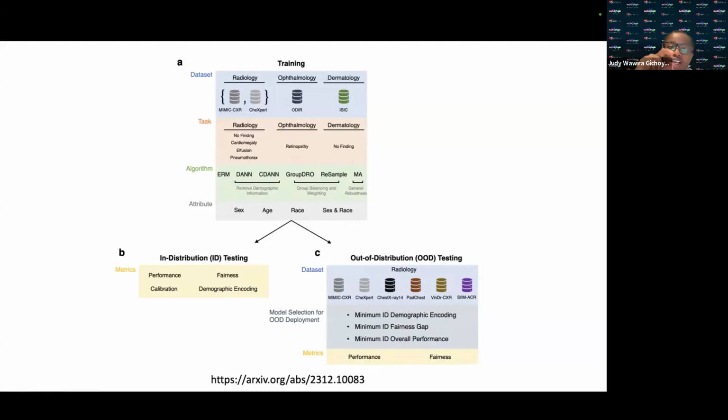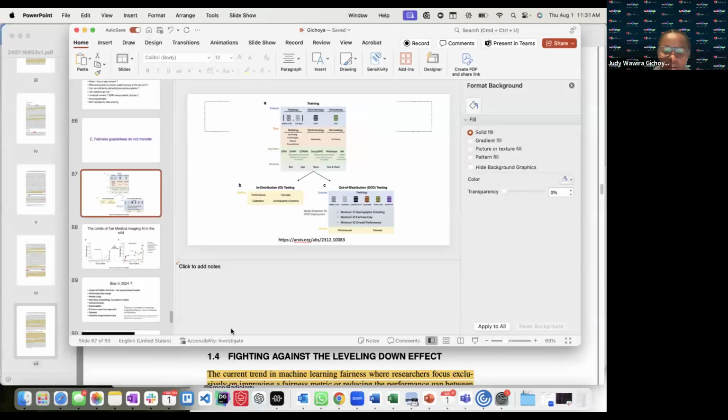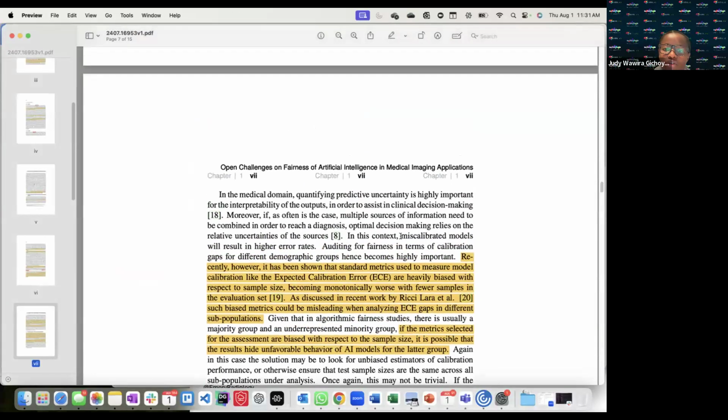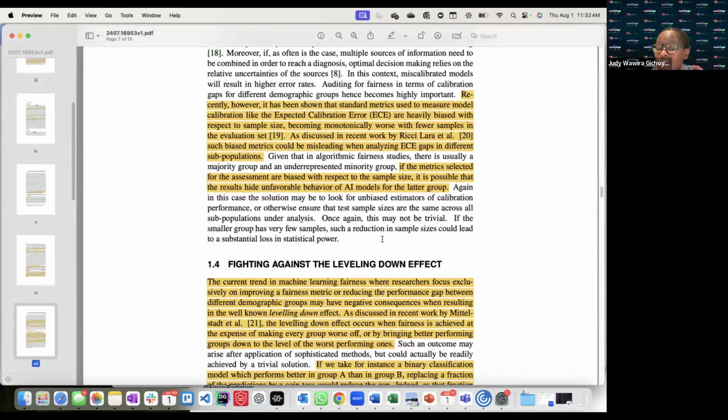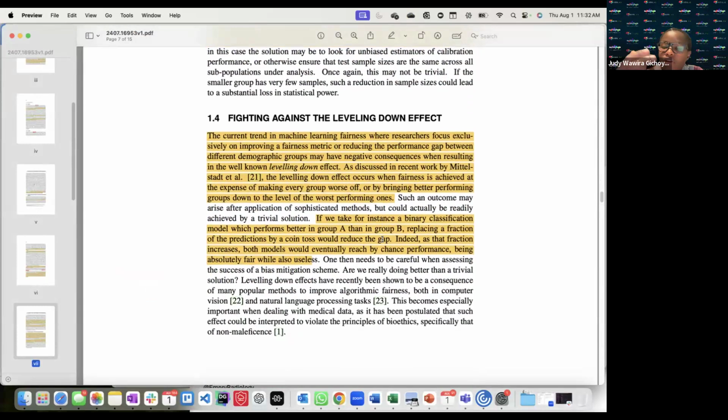So it's about the complexity of these metrics, and showing you again, if we go back here, that when you think about calibration, and as you apply some of the debiasing approaches, you see changes in some of the other metrics, not just in performance and calibration.